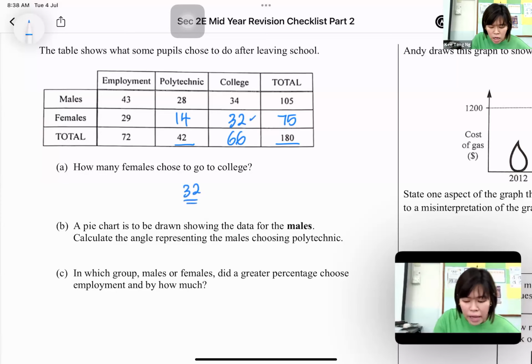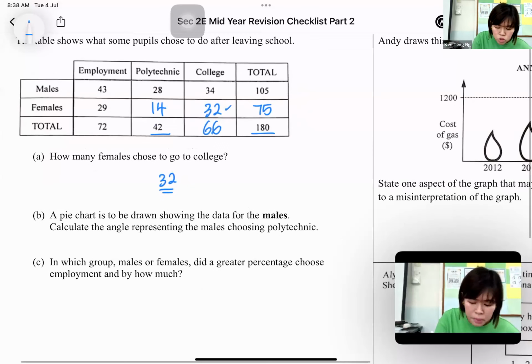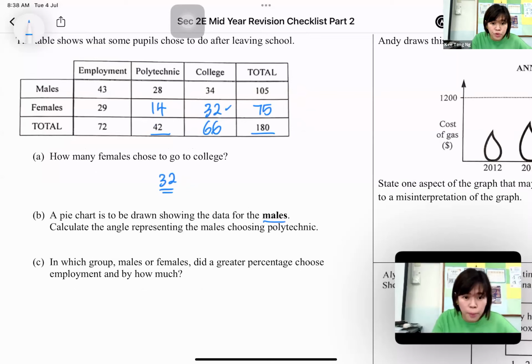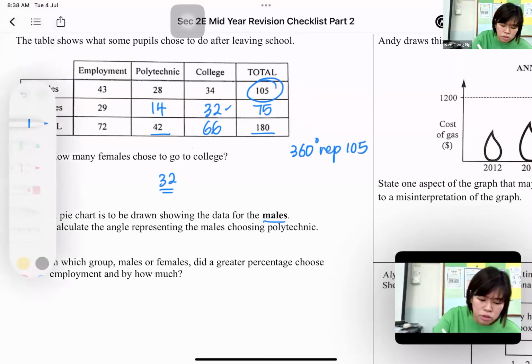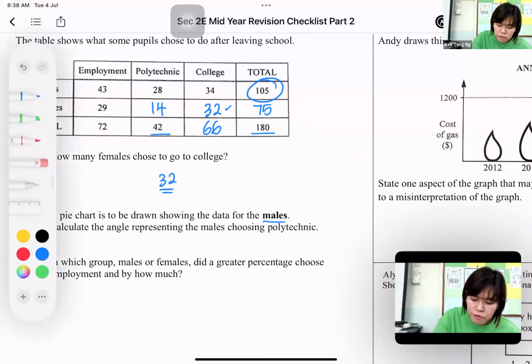Okay, a pie chart is to be drawn showing the data for male. So in this case, my total number of male will be 105. So 360 degrees represent 105 male. Oh no, I should not do it this way. 105 male represent 360 degrees.